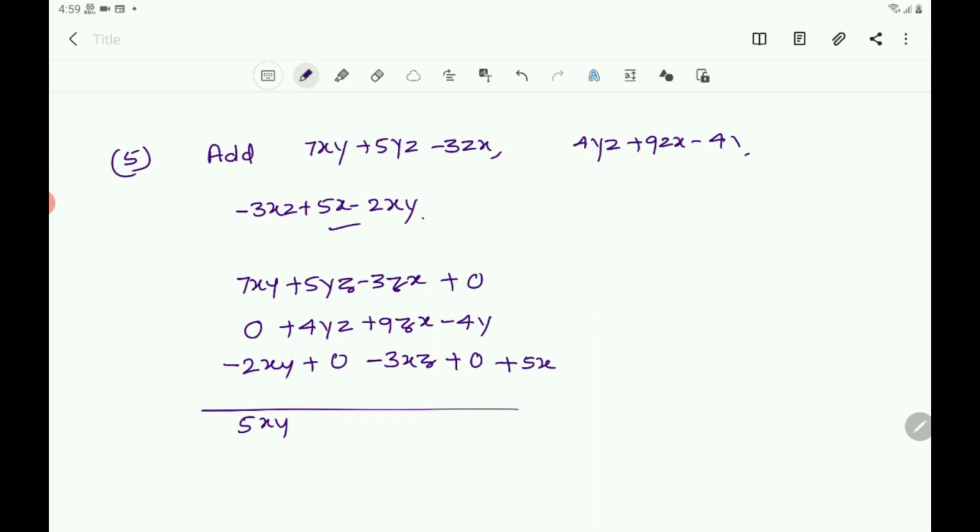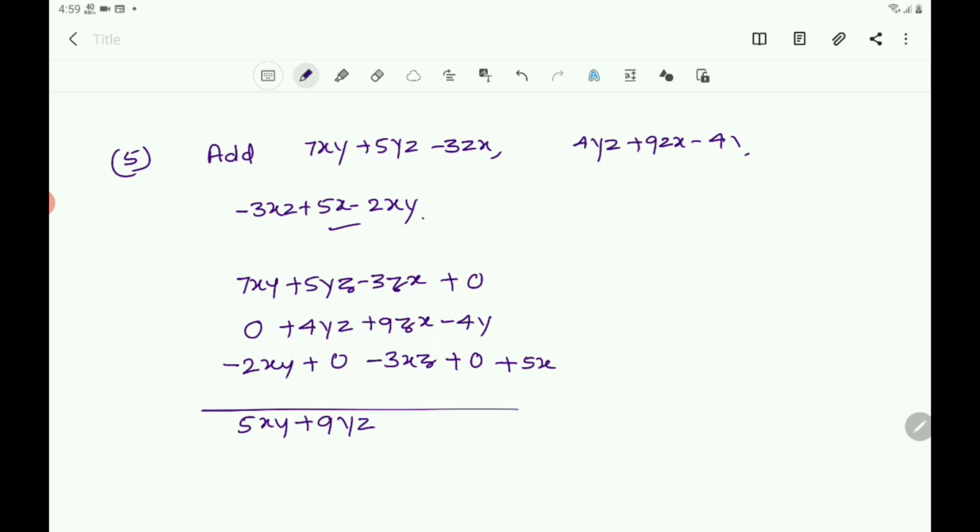Then here add this 0, and 5yz and 4yz. The sum of 5yz and 4yz, as they have the same sign, add them and put the same sign, that is plus. 5 plus 4 is 9, 9yz.